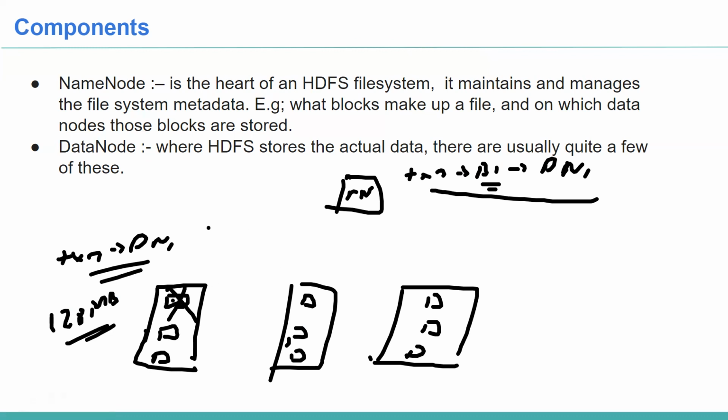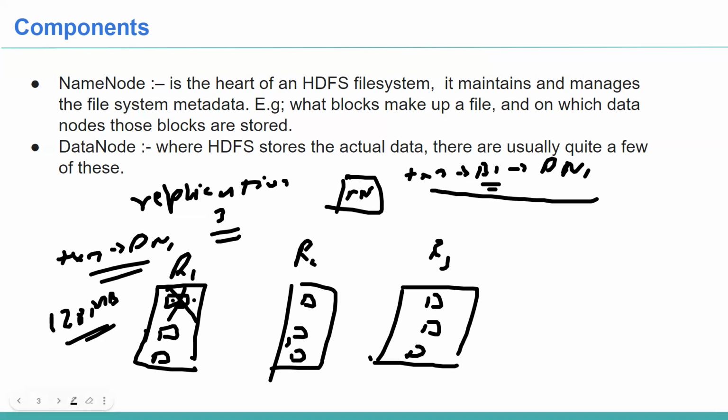To avoid that, we have a concept of a replication. By default, 3 replications of the data that we want to store are made. So this is rack 1, this is rack 2, and this is rack 3. Now, whenever we store the data, what name node does is it asks data node to do a replication factor of 3.